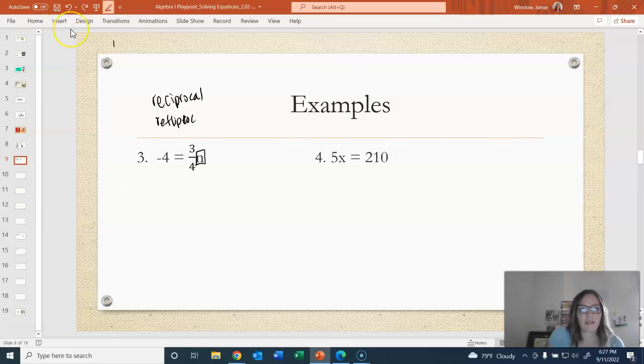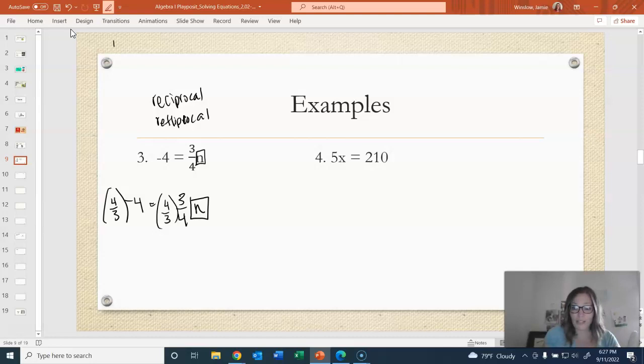Let me just rewrite that. Okay, we're going to multiply by 4/3 on both sides. Still have to keep it balanced. Again, you can grab your Desmos, or let's review how to do it by hand. There are two ways to do this one over here on the right-hand side. 4 times 3 is 12. 3 times 4 is 12.